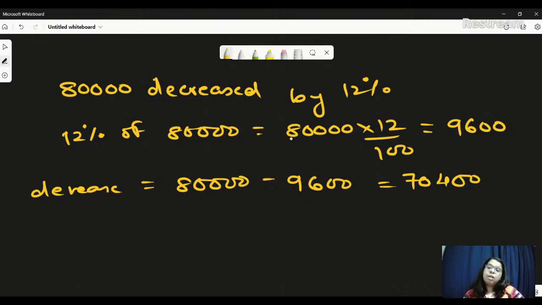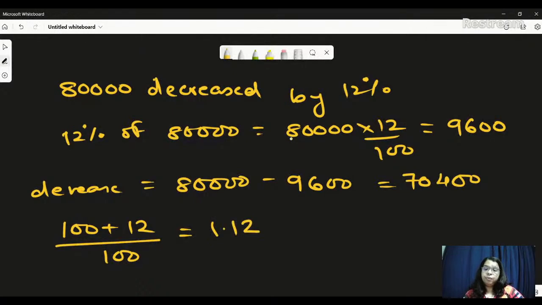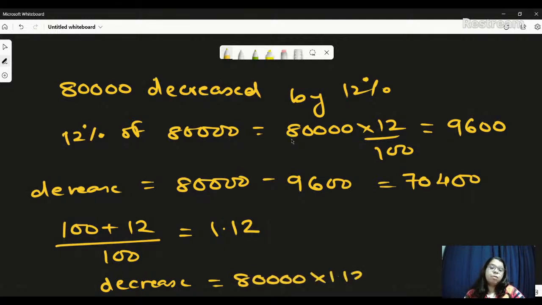Now, when we are doing the other method, we are going to do 100 plus 12 over 100. That is going to give you 1.12. Sorry, not 1.12.